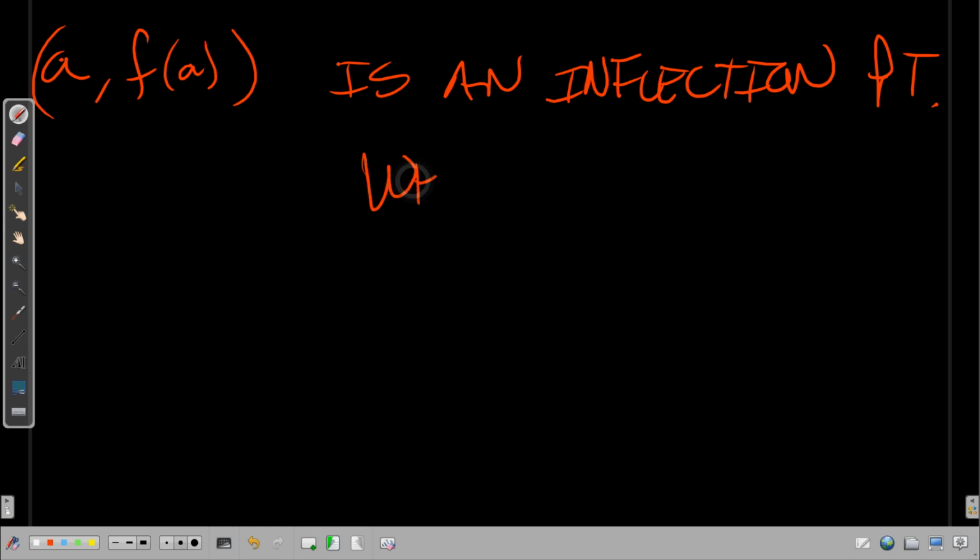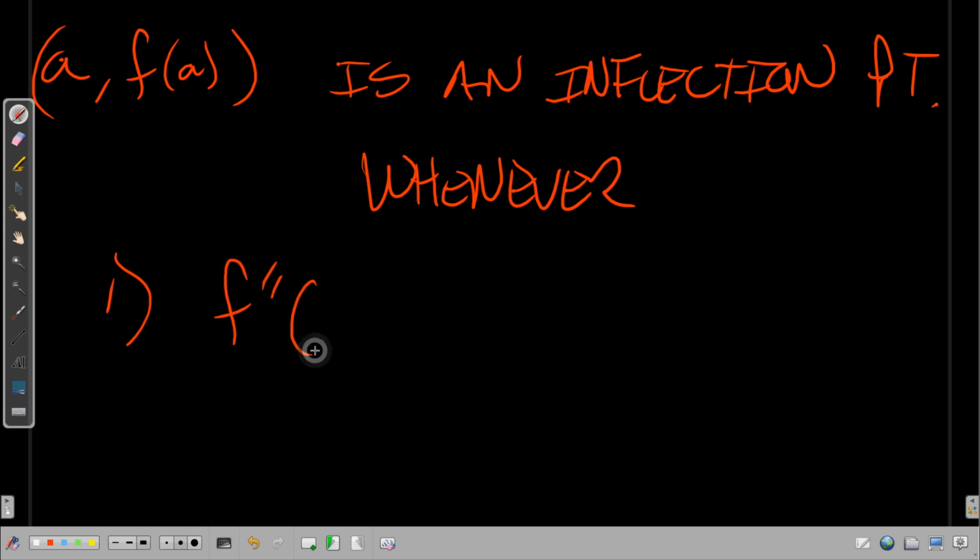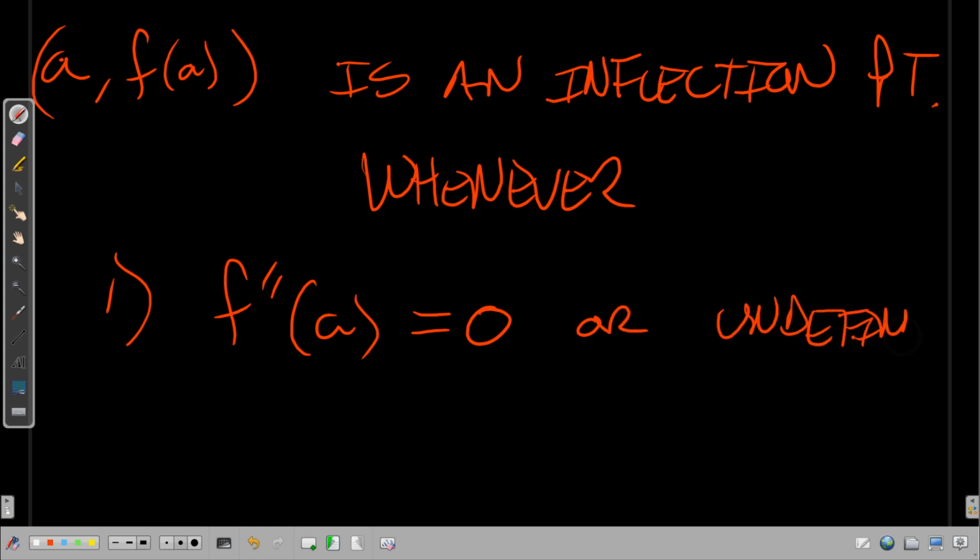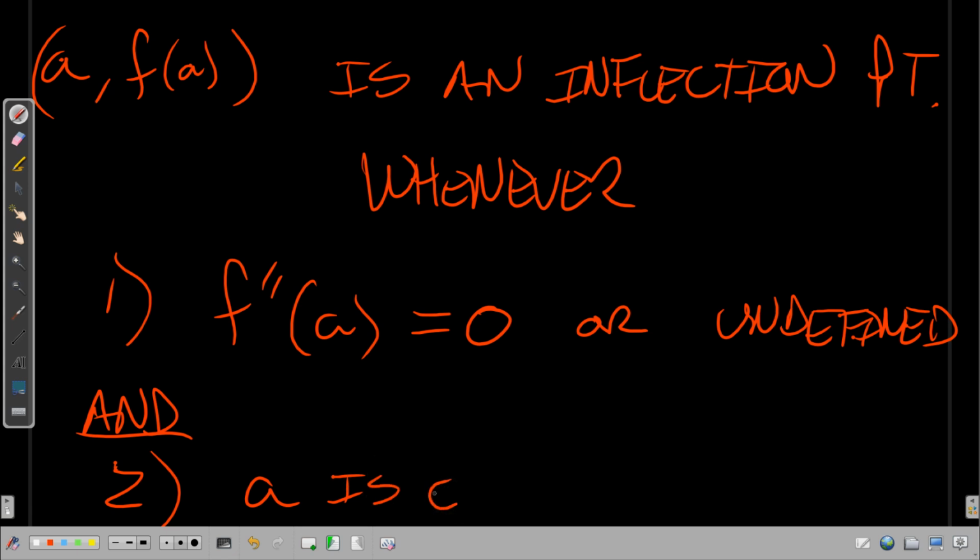whenever, 1, f double prime at a is 0 or undefined, and it's required that both of them happen, 2, a is in the domain of f.